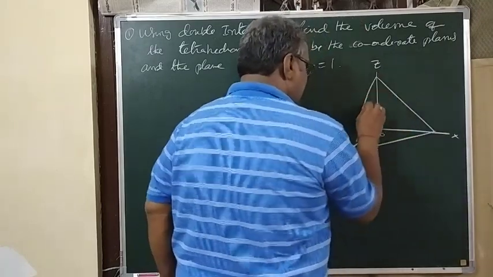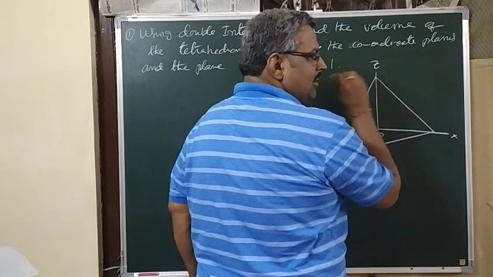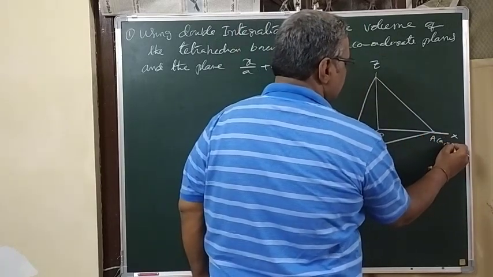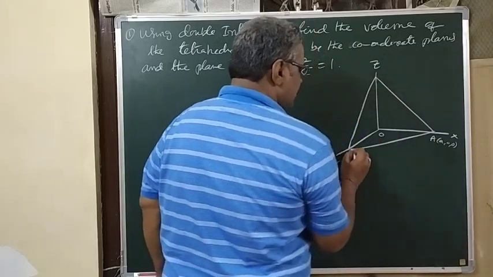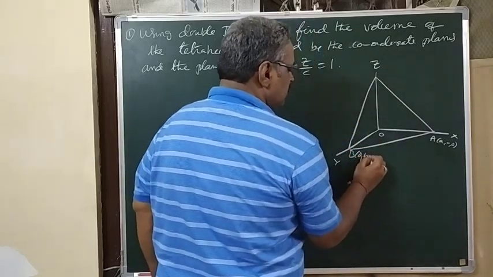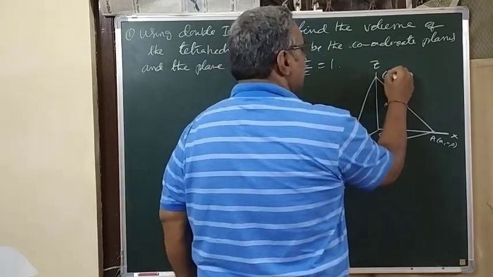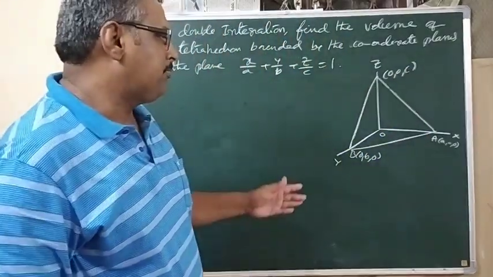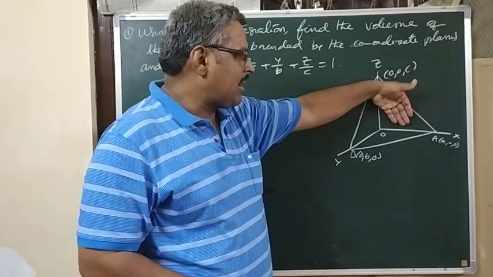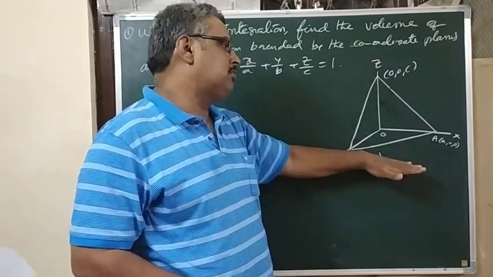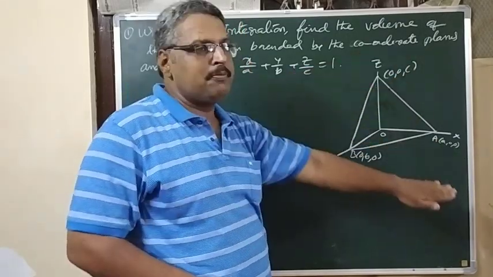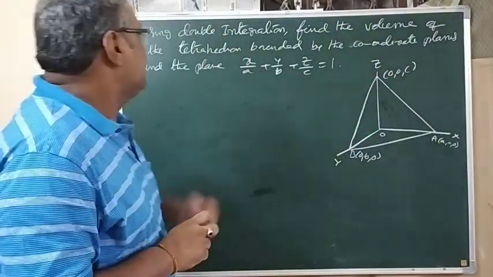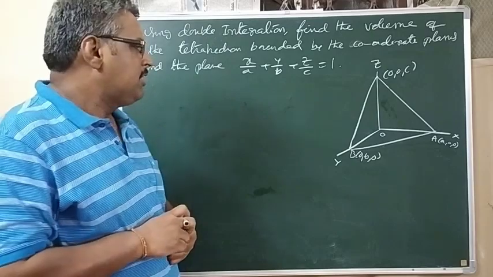Our plane intersects the 3 axes: the x-axis at a, 0, 0, the y-axis at 0, b, 0 and the z-axis at 0, 0, c. Now the shape is: the back side is a triangle, this side is a triangle, the bottom is a triangle and the slant portion is also a triangle. The shape is nothing but a tetrahedron.